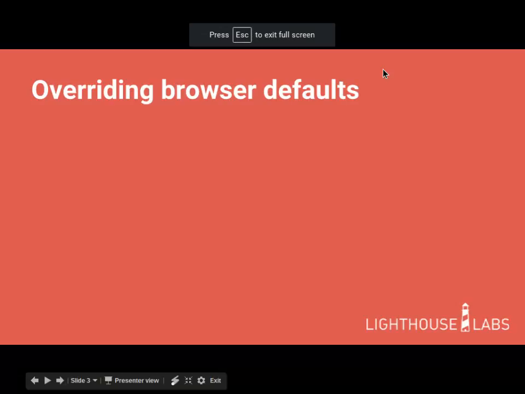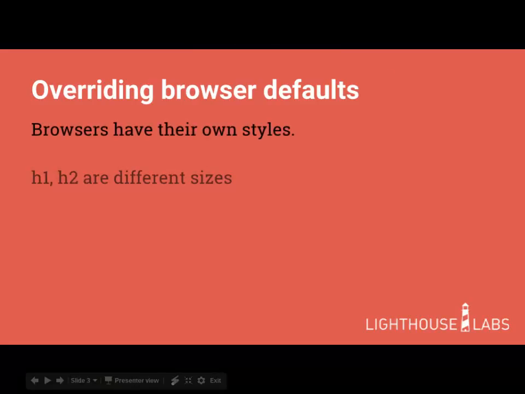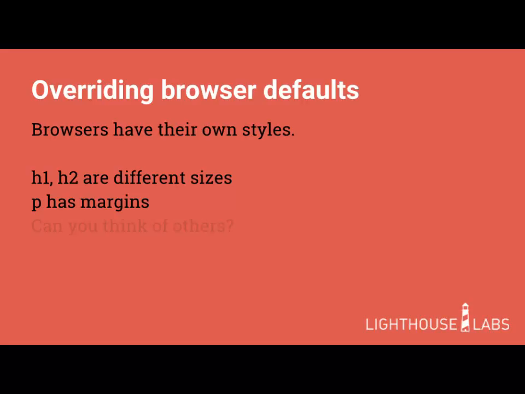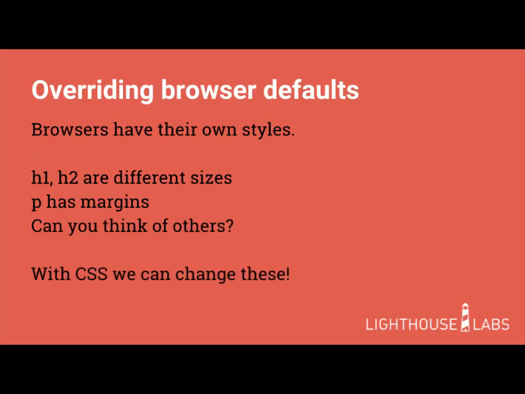When we're talking about CSS, we're really overriding these defaults. Browsers have their own styles, typically H1, H2 are different sizes, all the stuff that you've already come to see. With CSS, we can change these. There's no rule that says H2 has to be smaller than H1, for example.